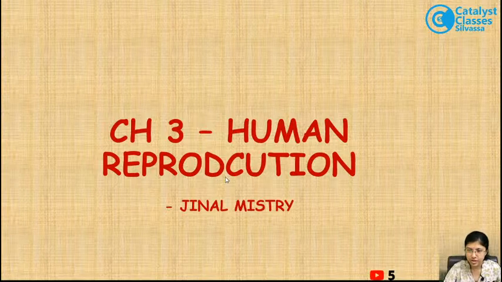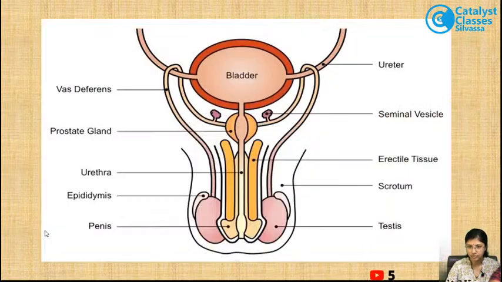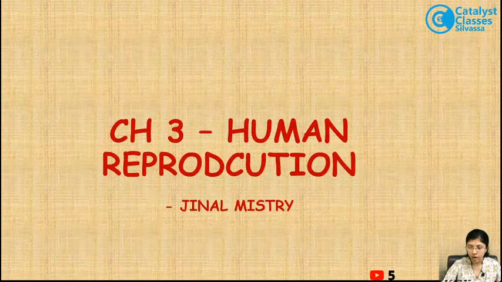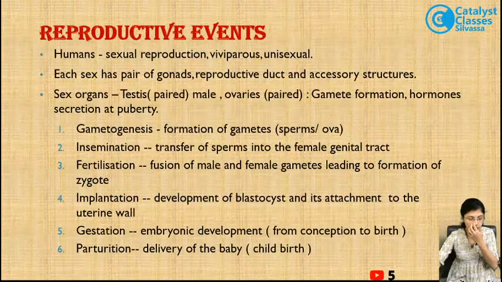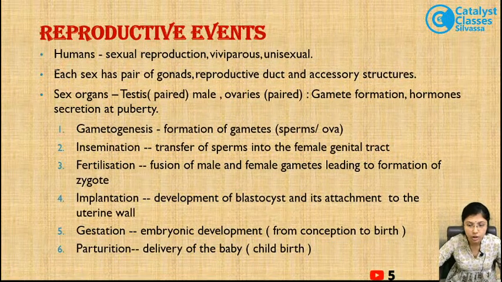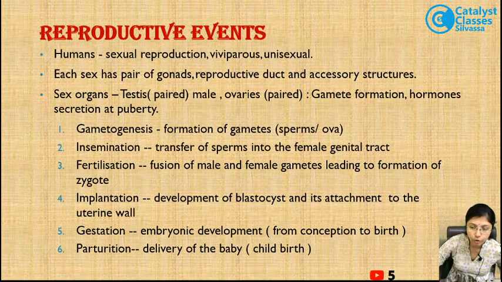So as you all know, to start with human reproduction, first we are going to see what are the different types of reproductive events that take place in humans for the process of reproduction.